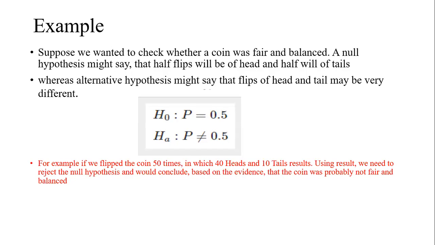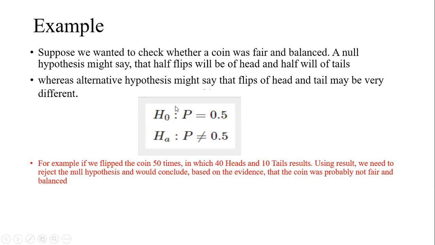In proving, you need to develop a hypothesis, and you need to prove that hypothesis. As I explained, there are two forms: null hypothesis and alternative hypothesis. Here the null hypothesis might say that half of the flips will be heads and half will be tails. Half of the coins obtained will be heads and half will be tails. That will be the hypothesis, whereas the alternative hypothesis might say that the flips of heads and tails may be very different.